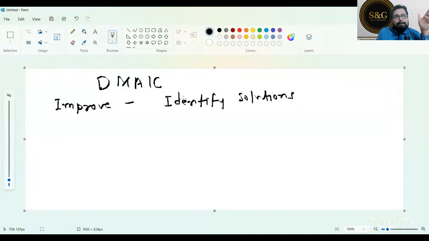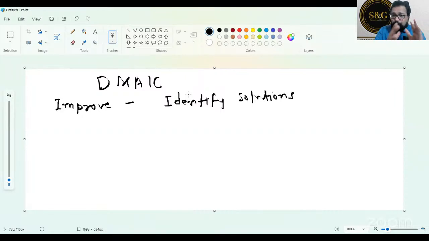Process mapping can be used as a platform on which you can identify the solution, but brainstorming is definitely one. Root cause analysis comes in the analyze phase and identifies the root causes. Once we identify the root causes, then we identify the solutions. So fishbone and root cause analysis come in the analyze phase.